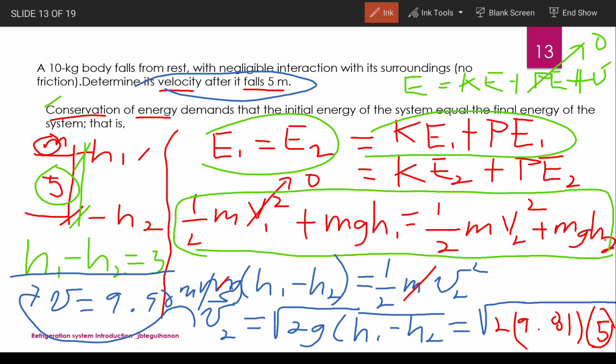So this is actually m times g multiplied by the quantity h1 minus h2, is equal to 1/2 mass times the velocity squared. And then you have this final answer, 9.9 meters per second, after reaching this 5-meter elevation.